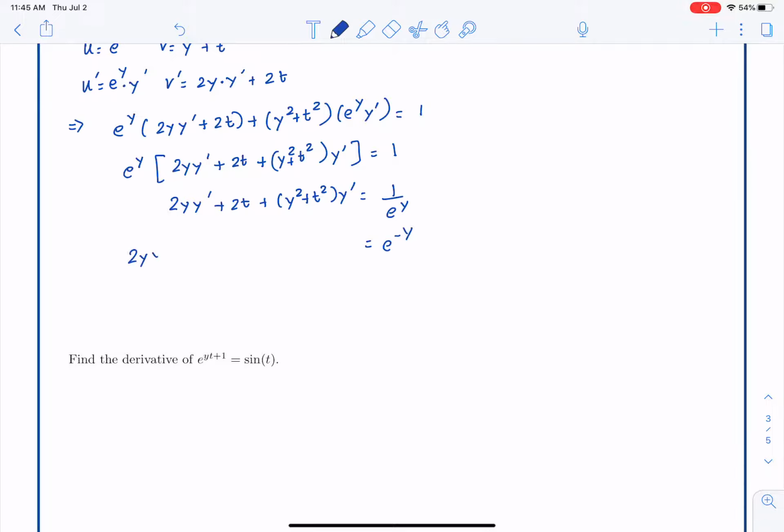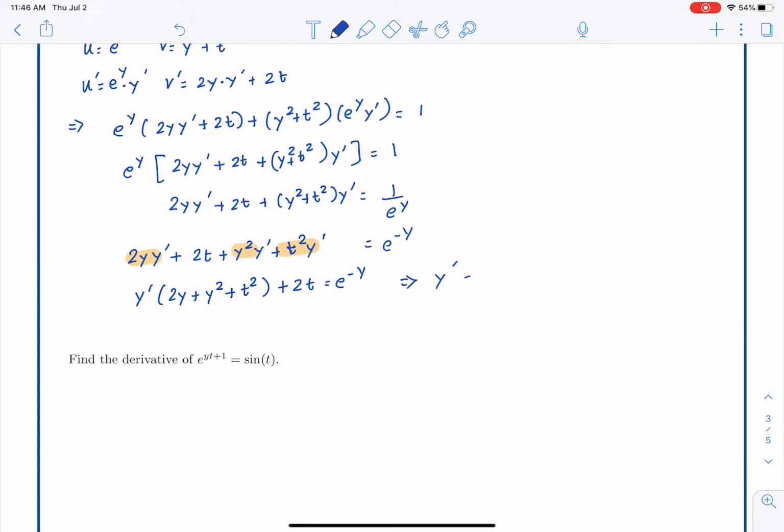Now, let's distribute and simplify. 2y y prime, 2t, plus y squared y prime, plus t squared y prime. Combine the terms with y prime in them. So we have y prime times 2y plus y squared plus t squared plus 2t equals e raised negative y.